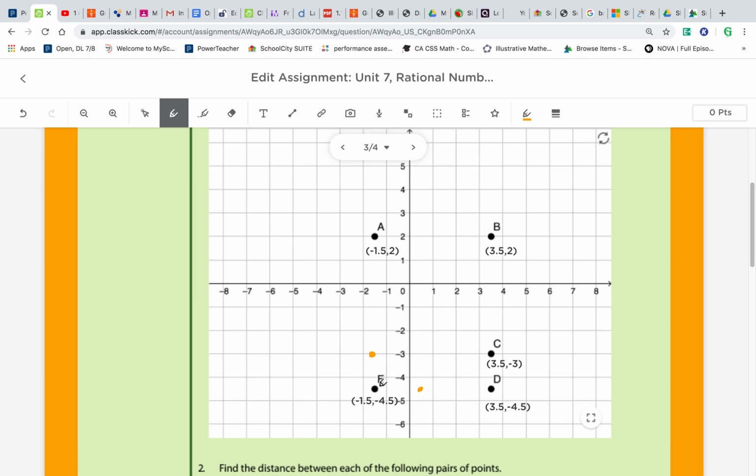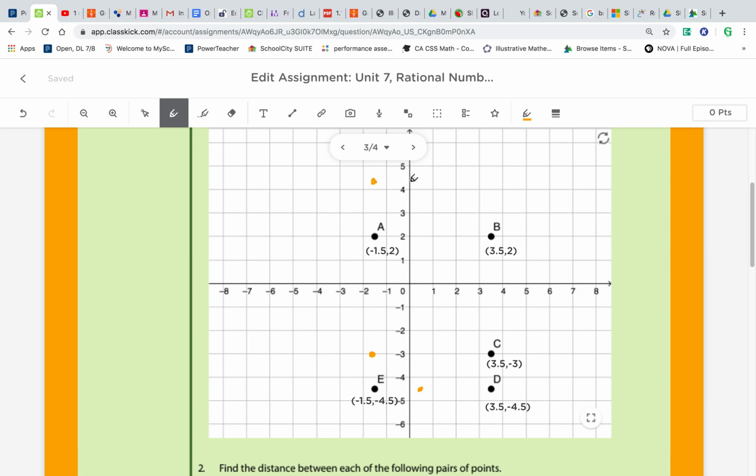So if we go up 9, then we'll be 9 away from E, and let's see if that makes us 2.5 away from A. Okay. B seems unlikely, but let's see if A will work. So if I go up 9, let's see what happens. 1, 2, 3, 4, 5, 6, 7, 8, 9. So if I put the point there, is that 2.5 from A?